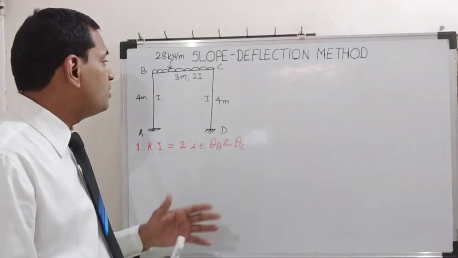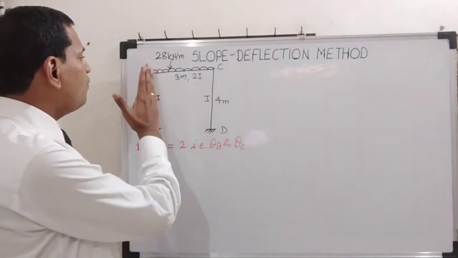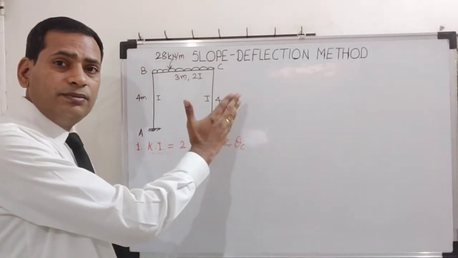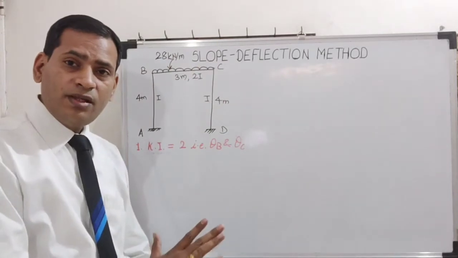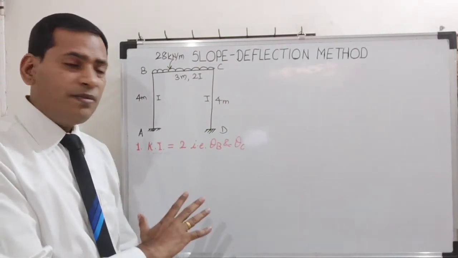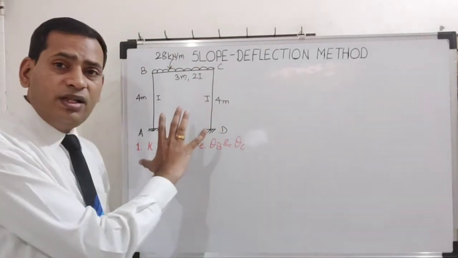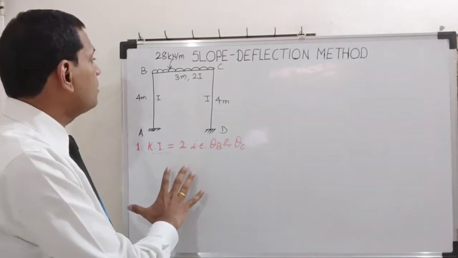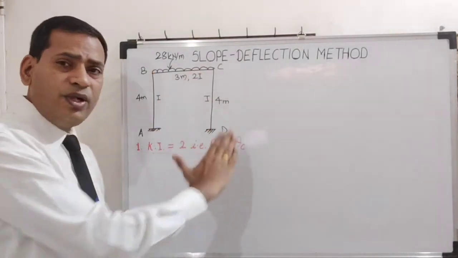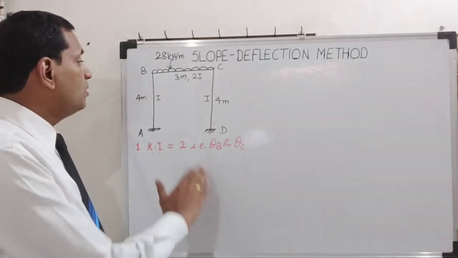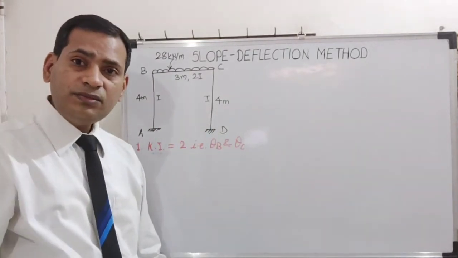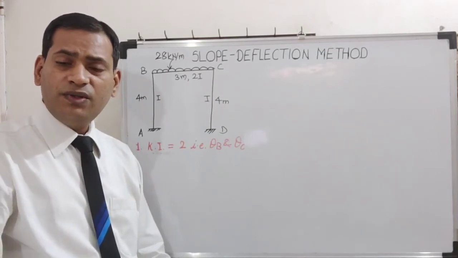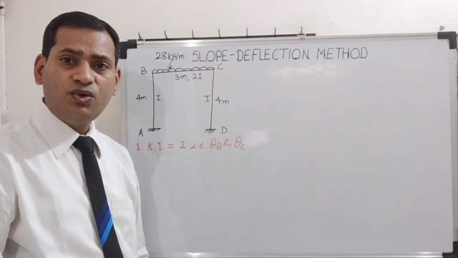Now from this 3, there will be sway of the frame, either towards right or left. But this is a simple frame. This frame is geometrically symmetric as well as loading wise also symmetric. So sway of the frame towards right or left is not possible. So you subtract this sway of the frame. So 3 minus 1 is 2.